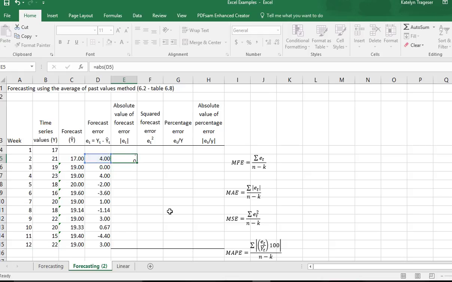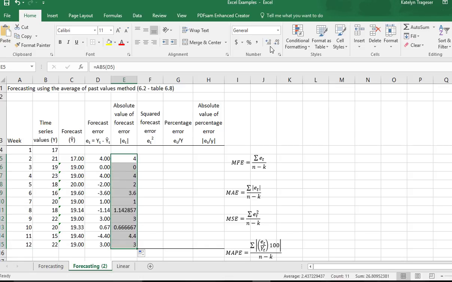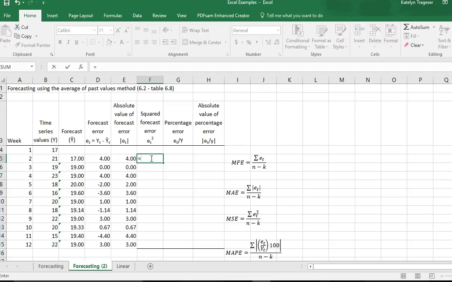Select our value, close parentheses, relative cell reference, so we can carry our formula down. Let's clean it up a bit. Then move to the squared forecast error. So equals that squared. Again, copy it down.